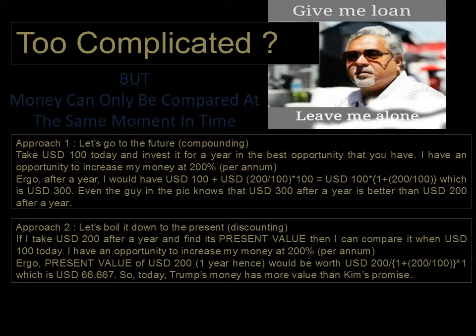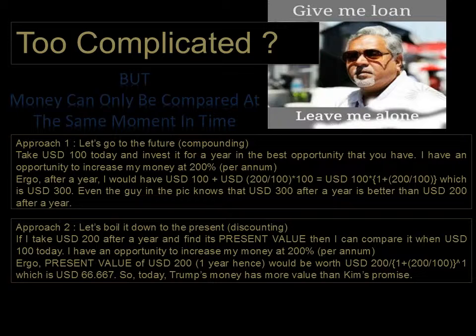Let's take the same discounting rate of 200%, which is also the opportunity cost of my money. $200 1 year hence, discounted at 200%, yields about $66.667 today. Again, do not pay attention to the formula, we'll get to that later. Right now, only understand the concept.